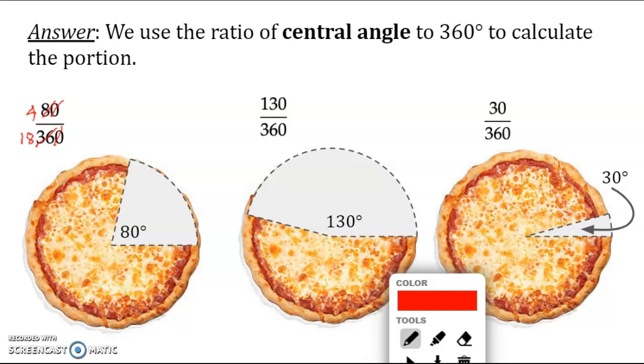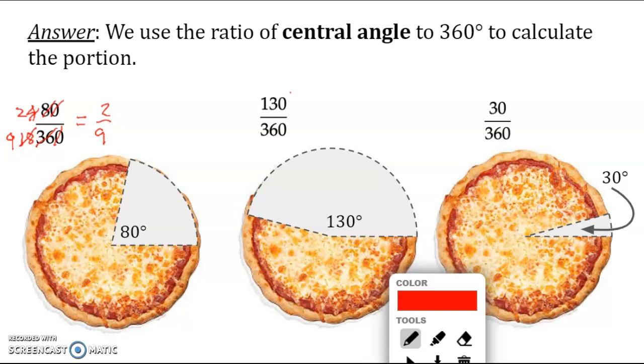They're still even, so I can divide both by 2 again, and that's 2/9. So 80 over 360 is equivalent to 2/9. So I can say I am missing 2/9 of a whole pizza.